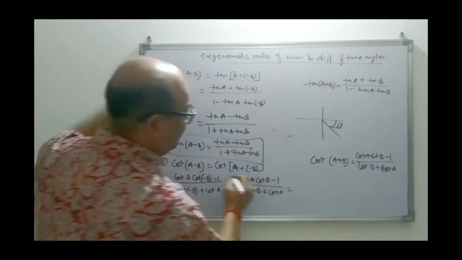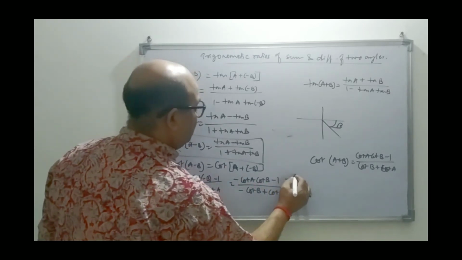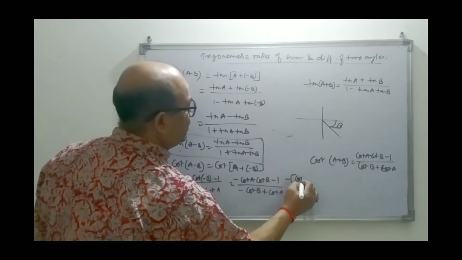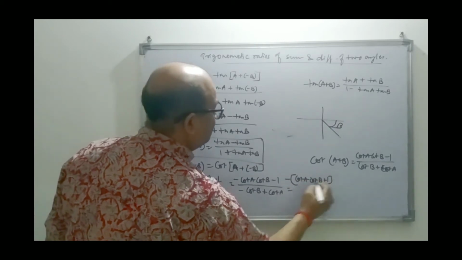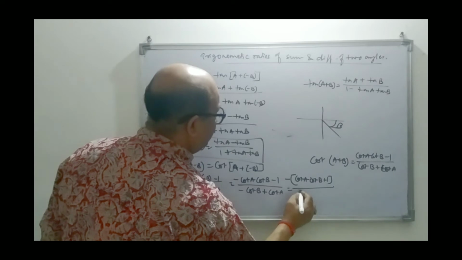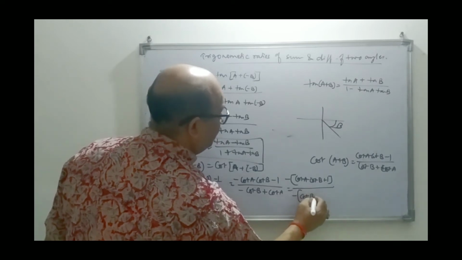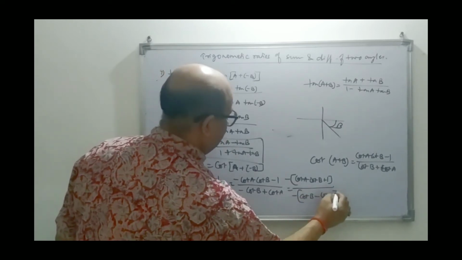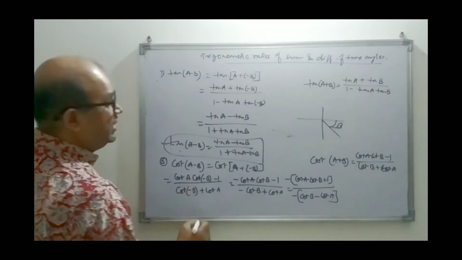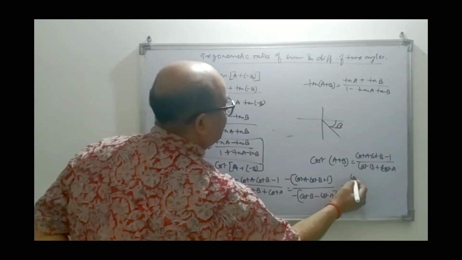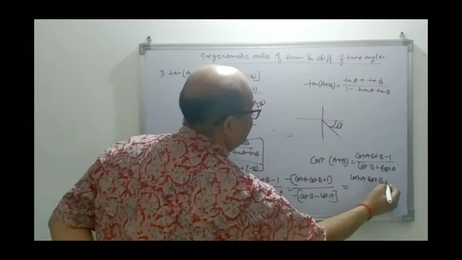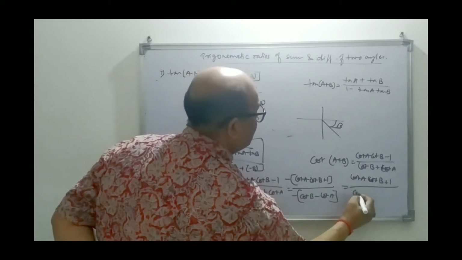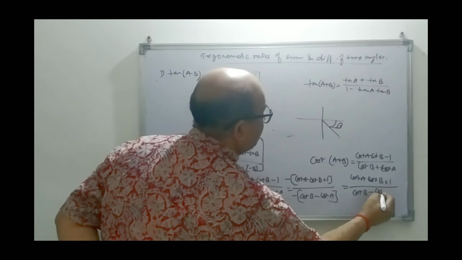You take minus common. What you get here? If you are taking minus common, you get (cot A cot B plus 1) upon minus common (cot B minus cot A). What I get ultimately? We are getting (cot A cot B plus 1) upon (cot B minus cot A).